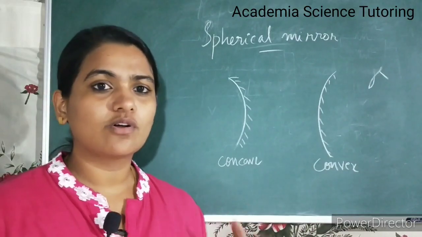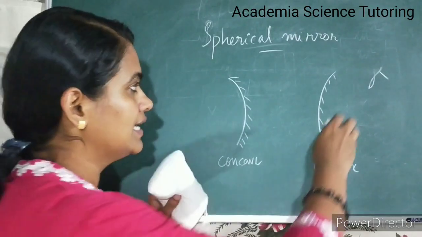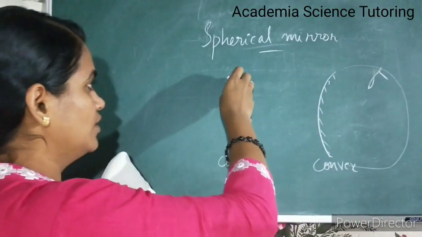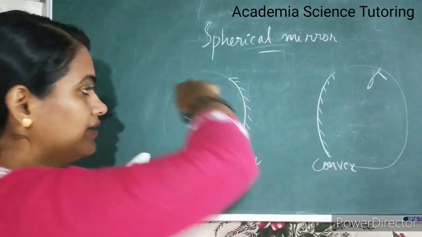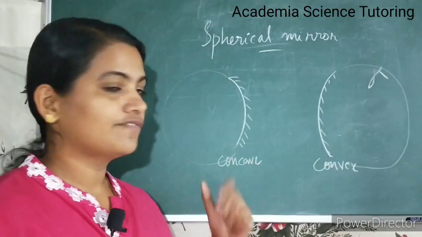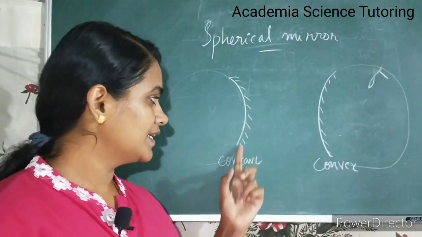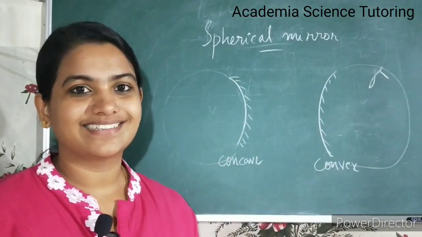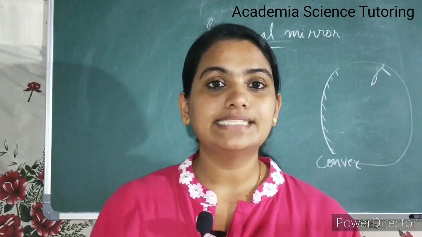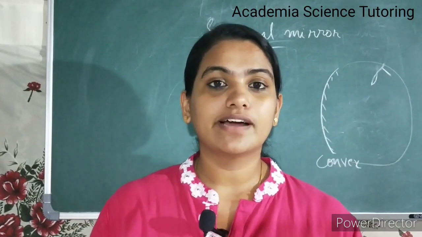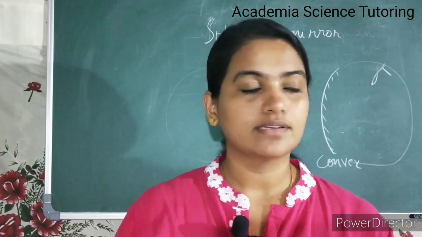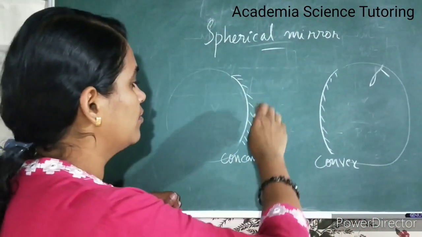Why are these called spherical mirrors? See, it's like a part of a sphere. So these mirrors are something like a part of a sphere. It has a spherical reflecting surface. Now let's see some terms regarding these spherical mirrors. The first one is the pole.